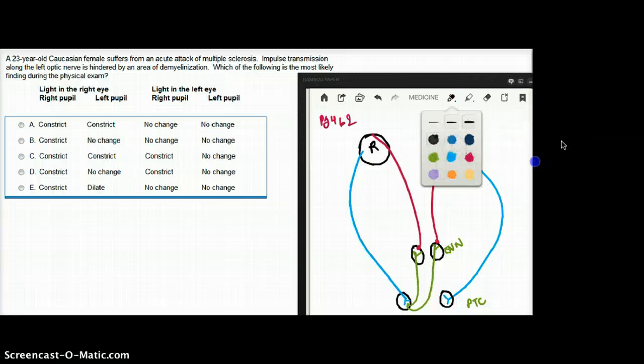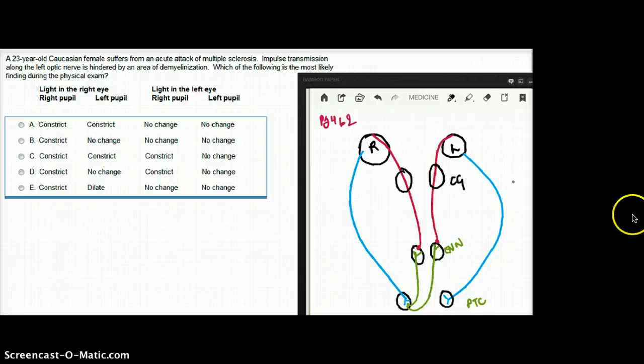Both of these pass through a ganglion called the ciliary ganglion. Now we have the normal anatomy of the pupillary light reflex, and the pupillary light reflex is always through two cranial nerves, first 2 and then 3.